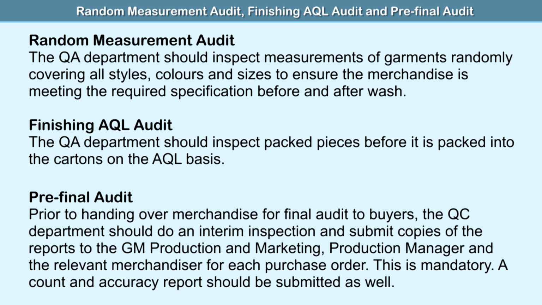Prior to handing over merchandise for final audit to buyers, the quality control department should do an interim inspection and submit copies of the reports to the General Manager Production and Marketing, Production Manager, and the relevant merchandiser for each purchase order.